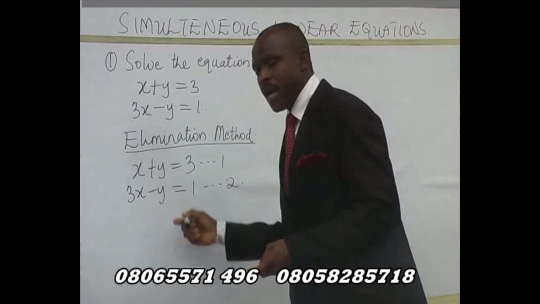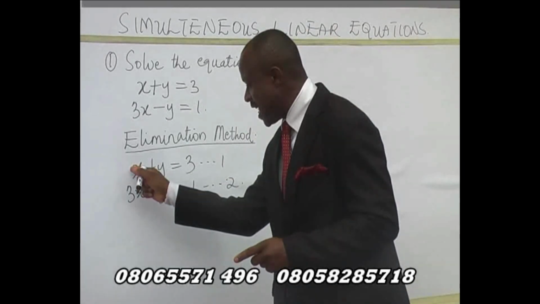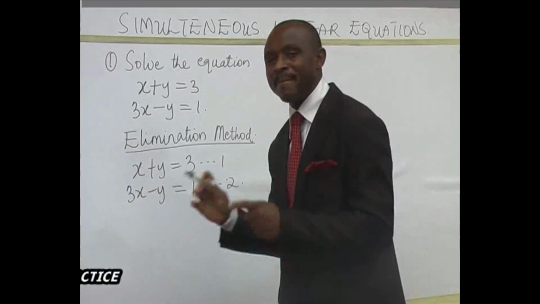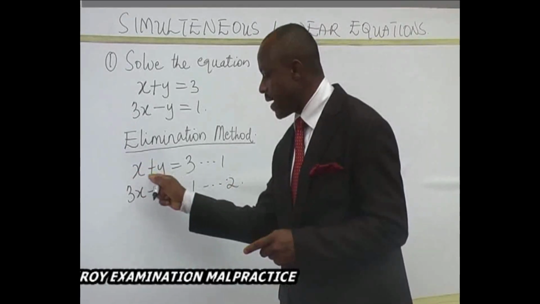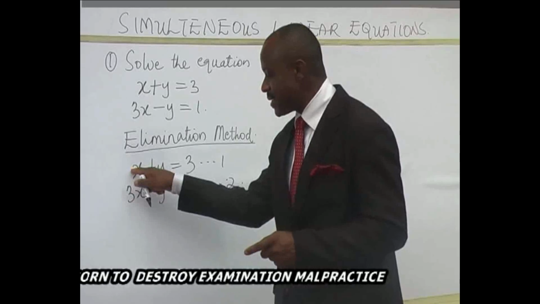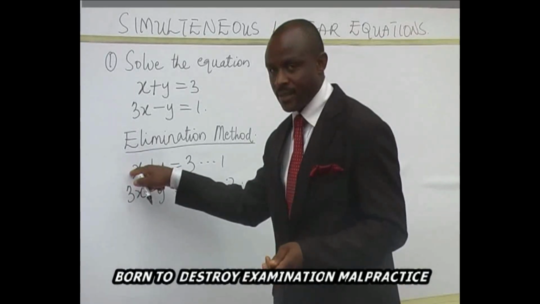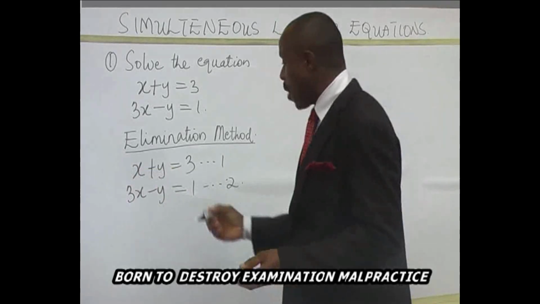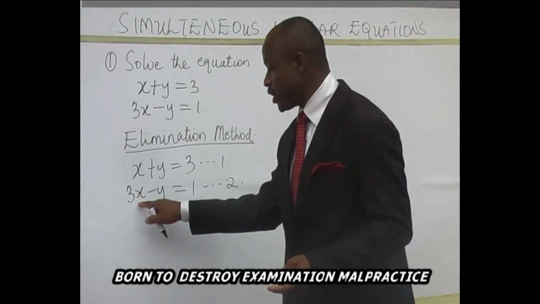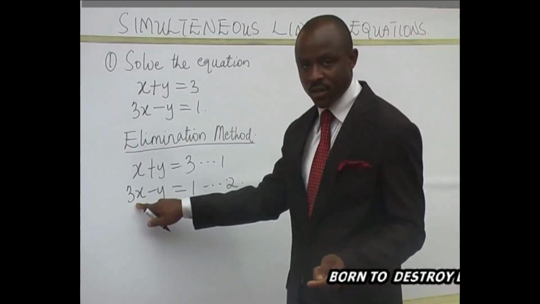The first thing you do is try to make the coefficient of the first unknown the same. As you have x plus y and 3x minus y, make this x into 3x. What are you going to do to be able to do that? Multiply the first equation by the coefficient of x in the second equation.